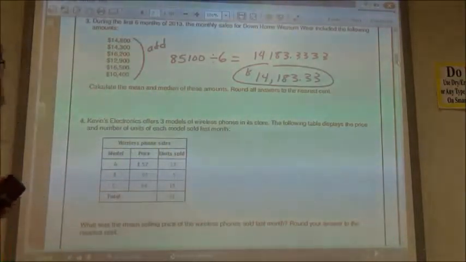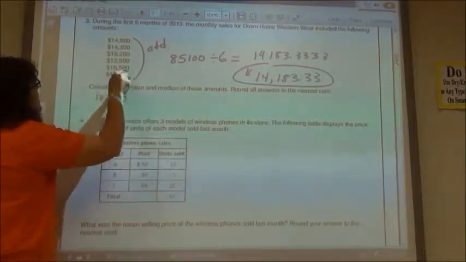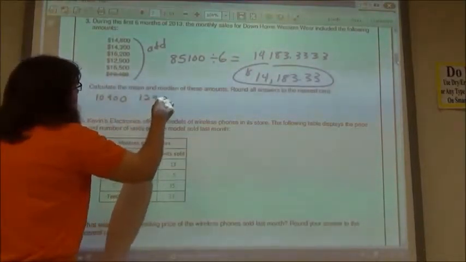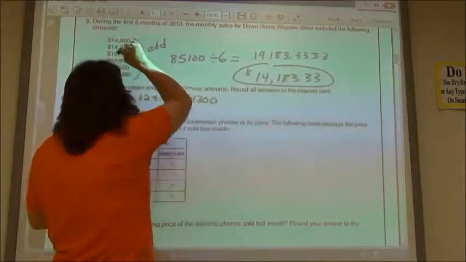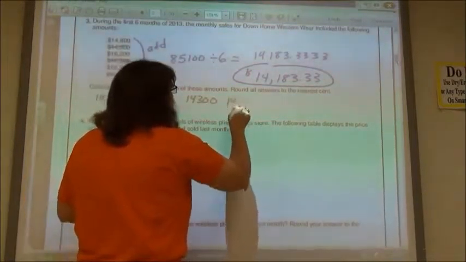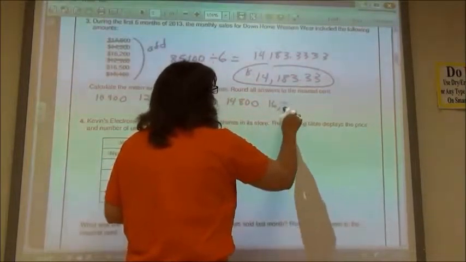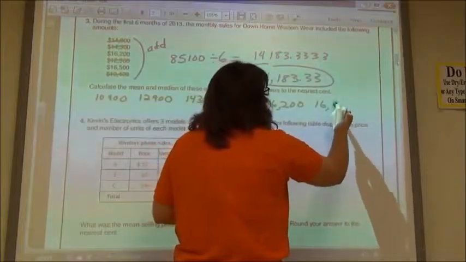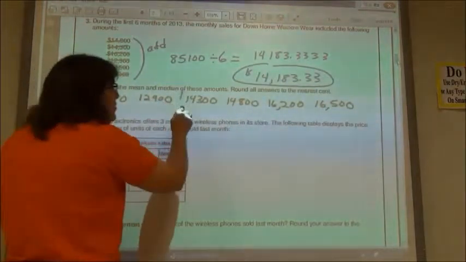Again, we have 6 numbers on our list, so we got to put them in order. 10,400, 12,900, 14,300, 14,800, 16,200, and 16,500. So our 2 middle numbers are these 2 right here.